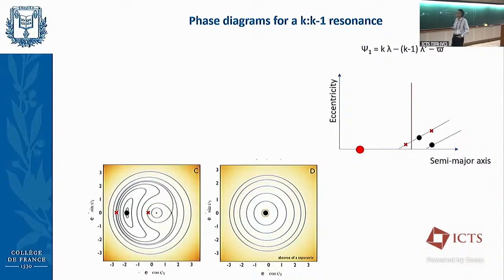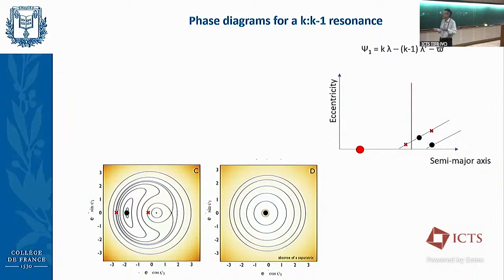Now let's change level, let's change surface, and let's go to a surface that intersects the resonant location. And this is the new diagram in the same coordinates, changed a lot. So now the equilibrium point is no longer at zero eccentricity, it has moved from here to here. And so in this diagram, it moved from almost zero eccentricity to higher up. And there is a critical curve that appears. You see, there is this strange curve that intersects itself.